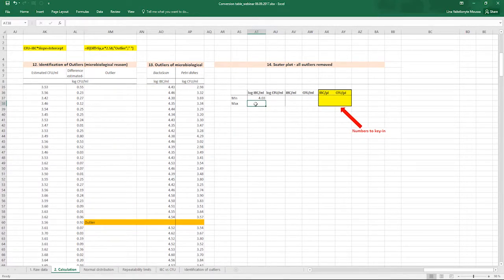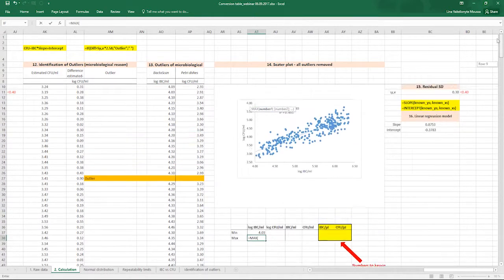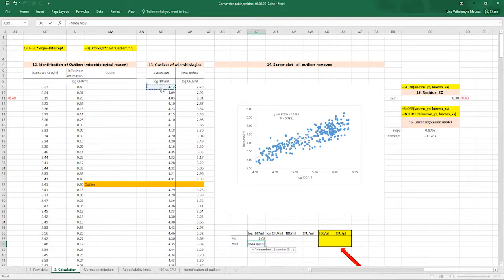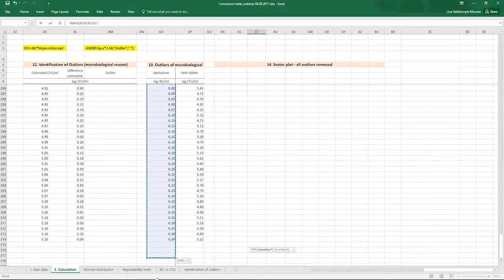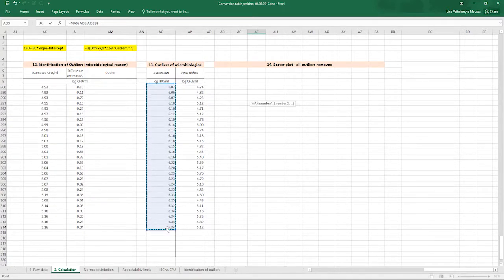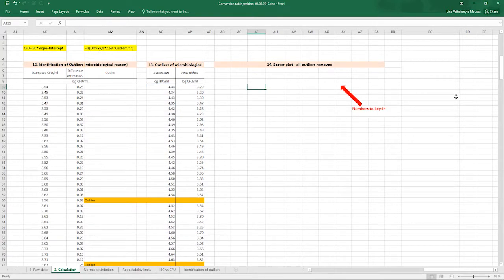The same we are doing with the maximum value. Because we need 2 points, we have linear regression, so 2 points is enough for our conversion table. And here we have maximum IBC per milliliter.